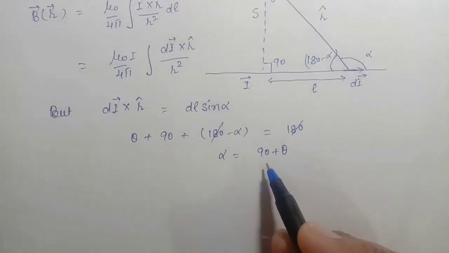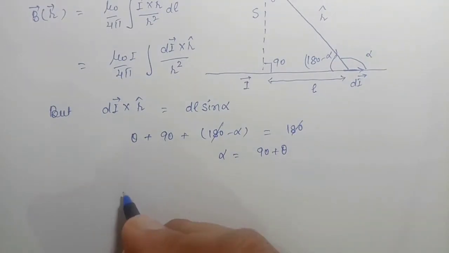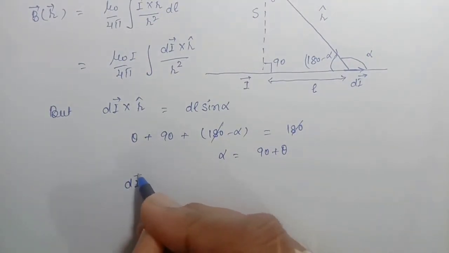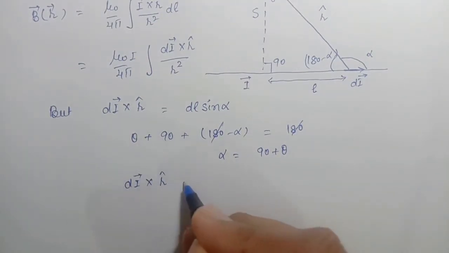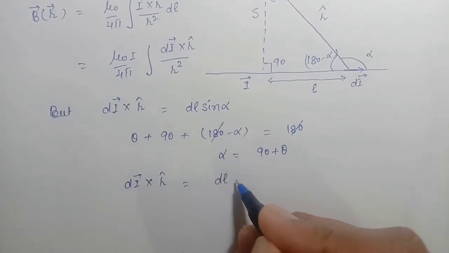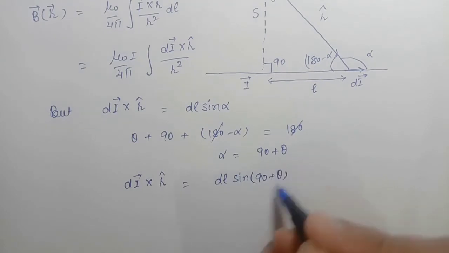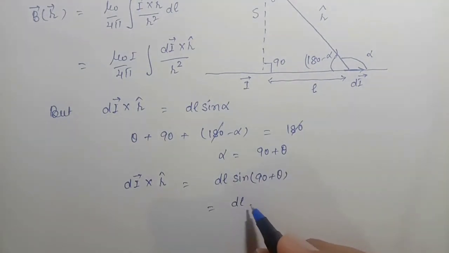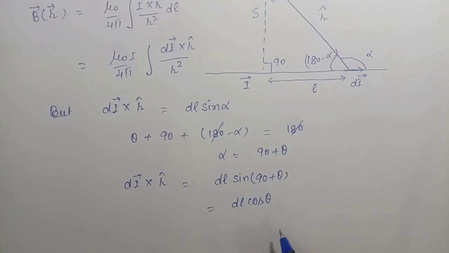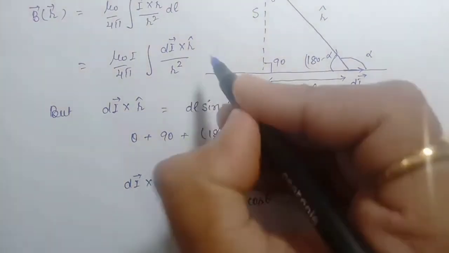So when we substitute the value here, dl cross r equals dl sine alpha, and in case of alpha being 90 plus theta, we can write dl cos theta. Now substitute the value of this dl cross r in this equation.